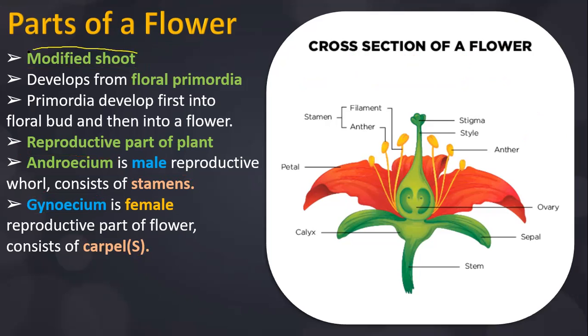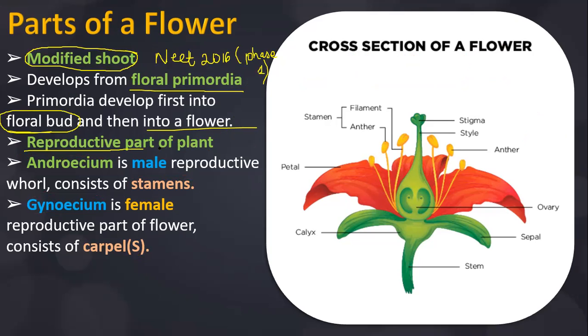So a flower is a modified shoot which develops from the floral primordia. This is a statement question from NEET 2016. The floral primordia first develops into a bud-like structure and then develops into a flower. So the flower is known as the reproductive part of the plant. Modified shoot arising from the floral primordia.